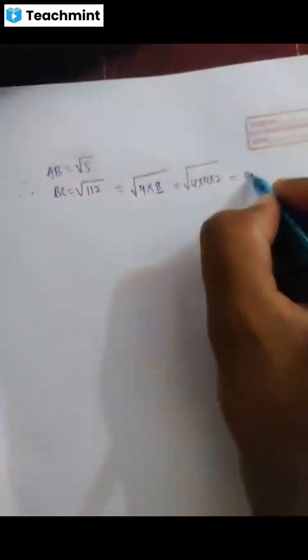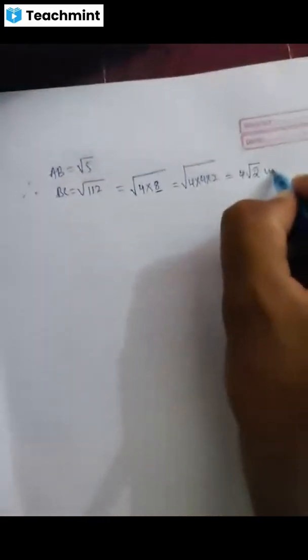Yes, it is divisible by 4. 4 2s are 8, 3 remains. 4 8s are 32. So this is equal to 4 into, again split 8 as 4 into 2. So these two 4s are 16, means if it comes outside, it is 4 root 2 units.